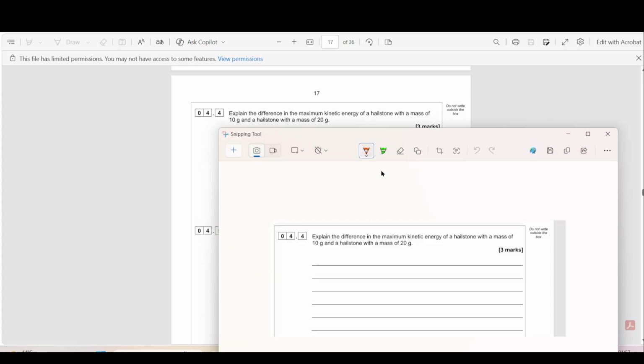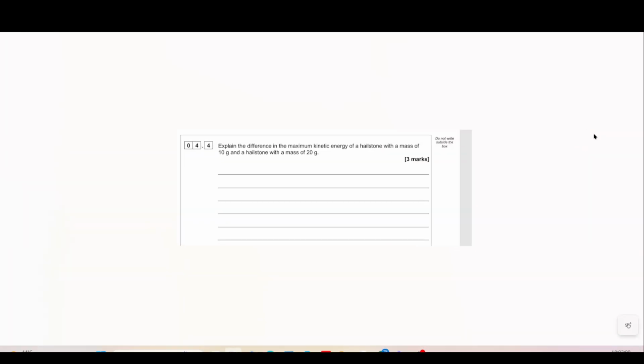So if the mass is higher, the kinetic energy is also higher, because 0.5 times mass times speed squared equals kinetic energy.